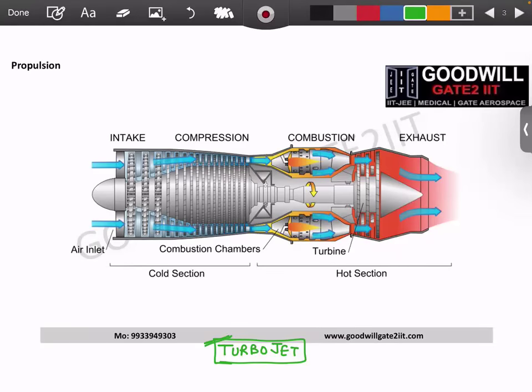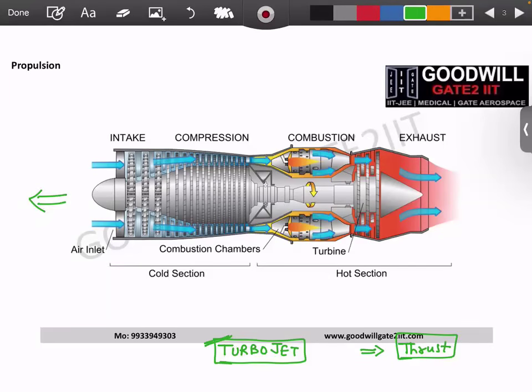Keep one thing in mind, any engine, turbojet, turbofan, turboprop, or whatever comes to your mind, the whole intention of those engines is to produce thrust in the forward direction. Correct? These engines should produce thrust in the forward direction so that your aircraft can move.